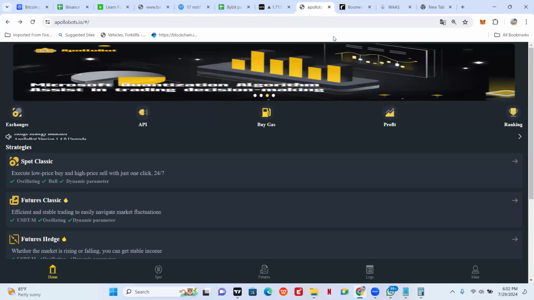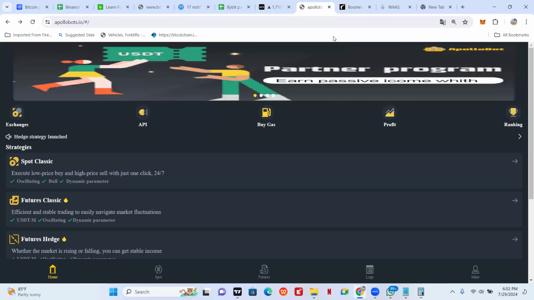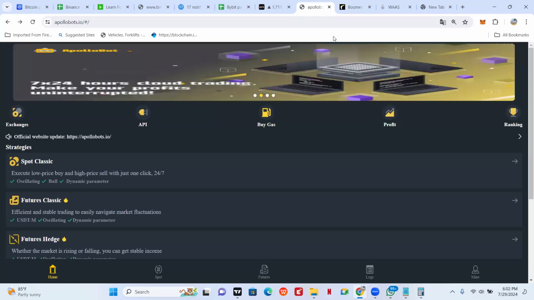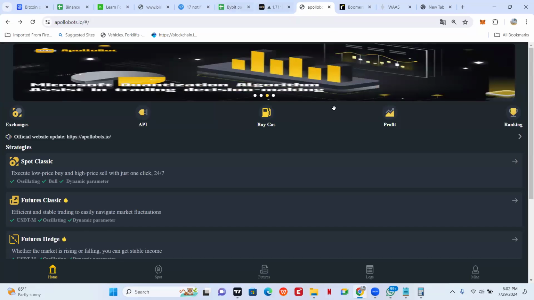So that's what I'm trying to explain here. We don't train people on futures. I want to repeat that. We do not train people on futures. We only show you how to use the AI to trade futures, because futures is a high risk, high reward market. So let me explain quickly.